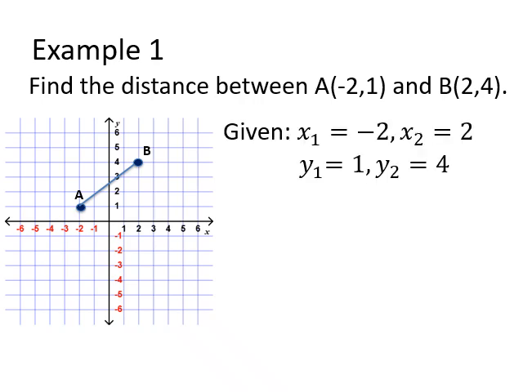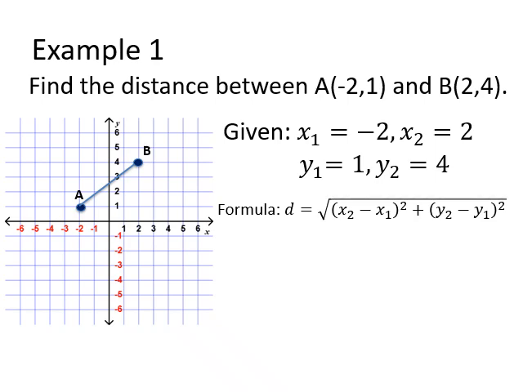Okay, so given x sub 1 is negative 2, x sub 2 is 2, y sub 1 is 1, and y sub 2 is 4. We're going to use the formula. So the distance formula is again the square root of the square of the horizontal distance plus the square of the vertical distance.